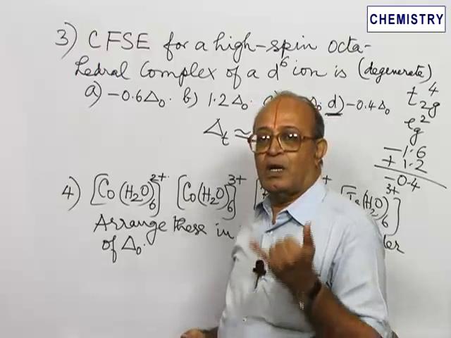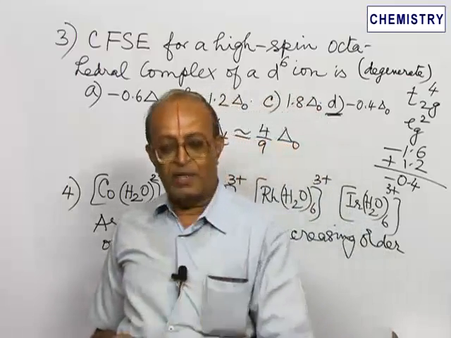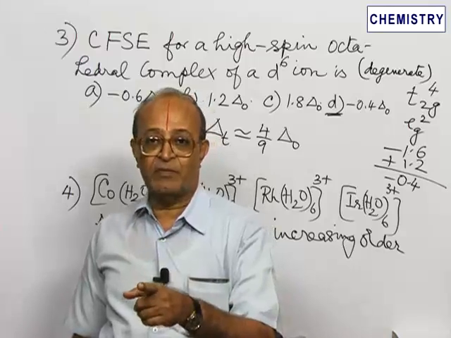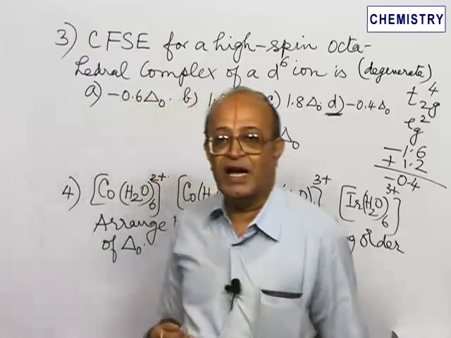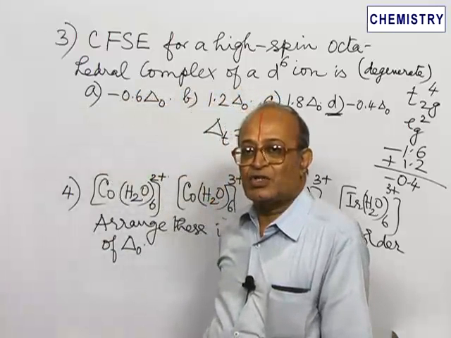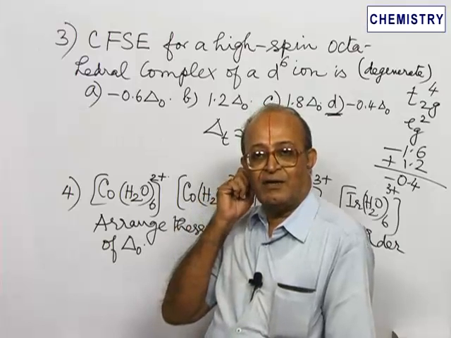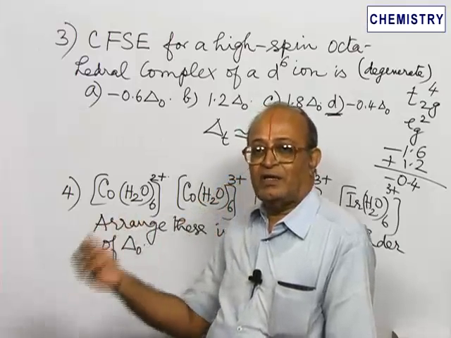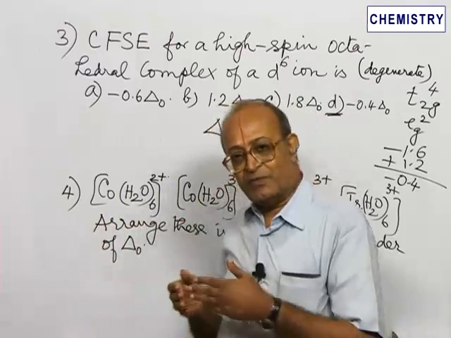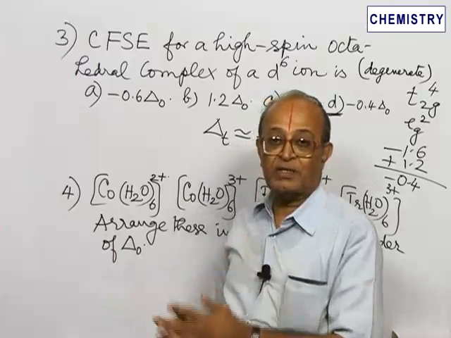Number 1, nature of the ligand. As the ligand varies, keeping the central metal ion the same, if you change the ligands, delta O values will change. So it is obvious, for each ligand there will be a different value of delta O, and from these you have got what is called the spectrochemical series.